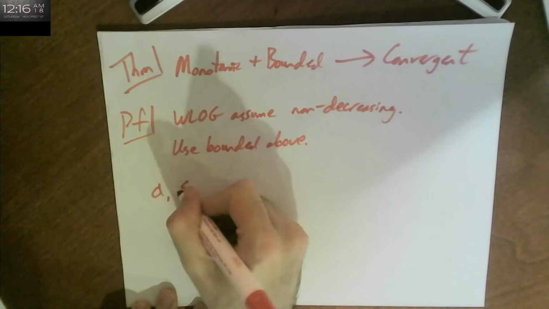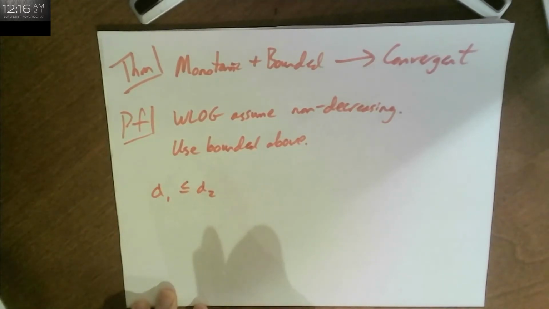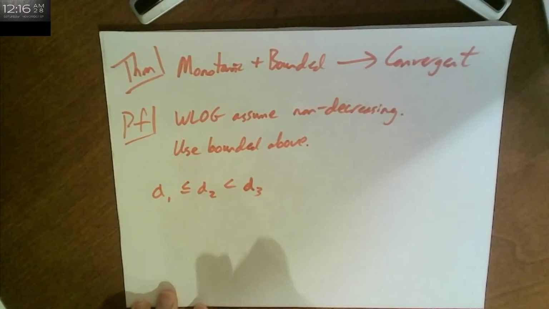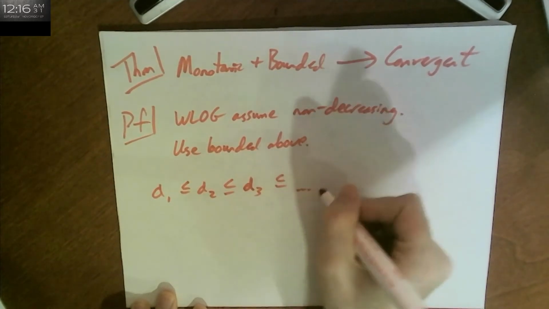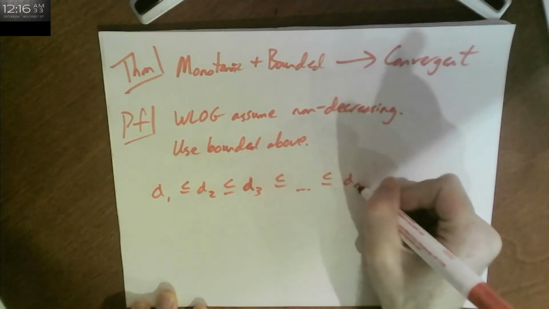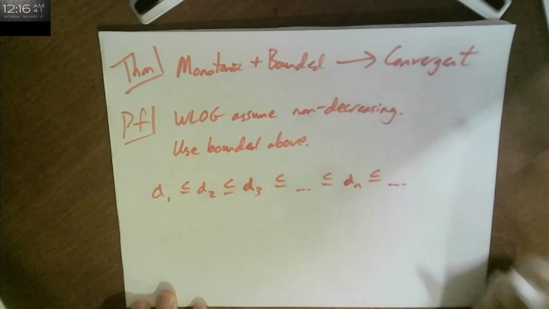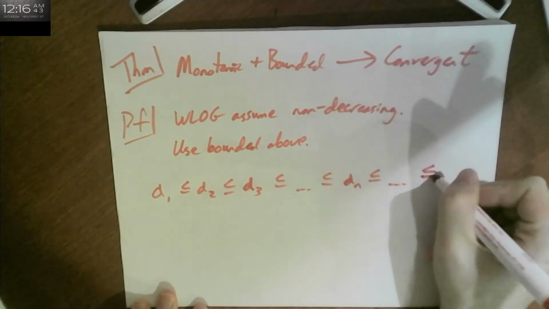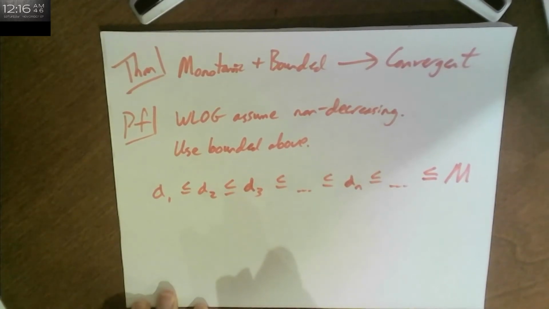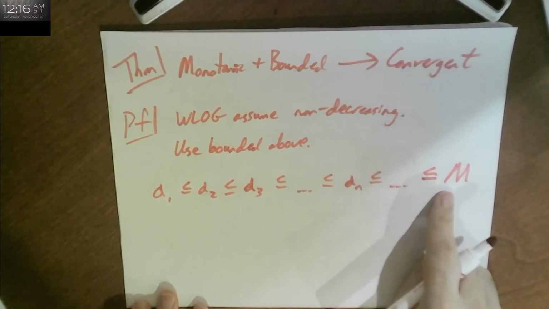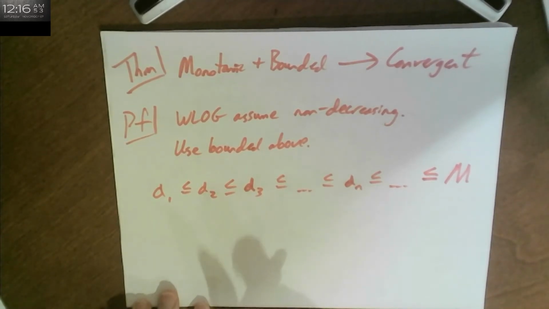Whatever A1 is, A2 is greater or equal. And A3 is bigger still or equal. And so on until, say, A sub n, however far you want to go. And for that matter, keep going after that. These are all less than or equal to some M. Definition of bounded. So here's the monotonic part. Here's the bounded part. Every single term is less than or equal to M.